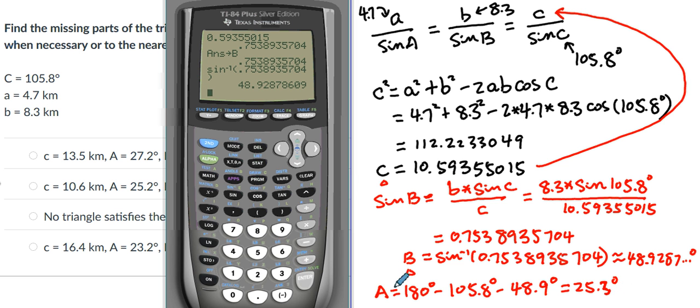Okay, so we may do that: 180 minus 105.8, subtract 48.9. Hit enter. We are at 25.3.